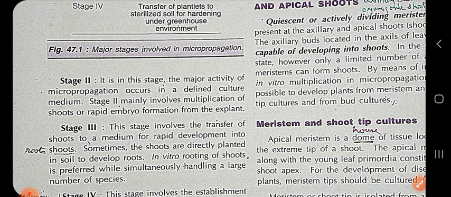That means a 16-hour light phase and the remaining 8 hours dark phase, for 2 to 4 weeks. We have to monitor them each week or every 3 to 4 days to check whether any contamination occurs in the medium. So stage 2 mainly involves multiplication of shoots or rapid embryo formation, that is shooting, you can say.